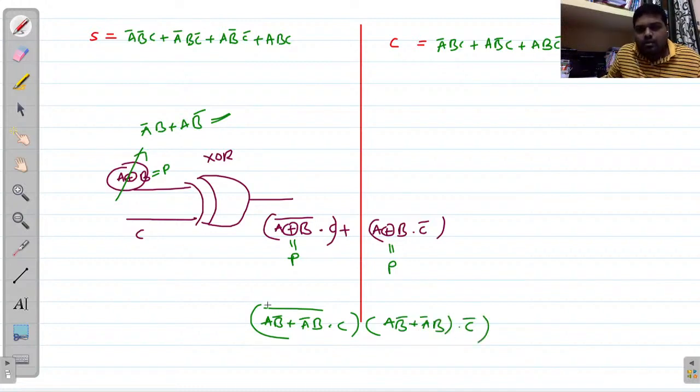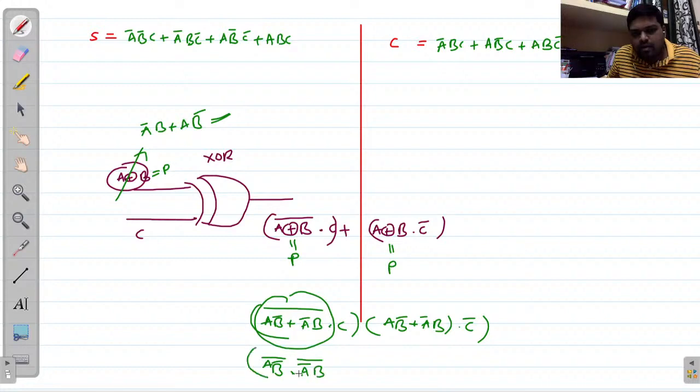Now you can expand this. This is the complementary principle for this. So what you will get is A B bar whole bar into A bar B whole bar into C, sorry, this is plus. Now here you can multiply with the C bar. What you will get is A B bar C bar plus A bar B C bar.